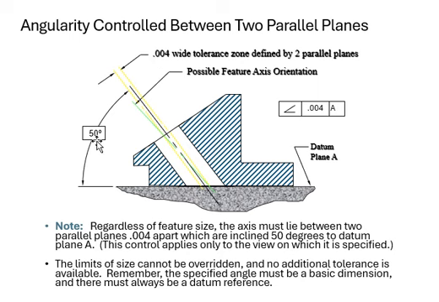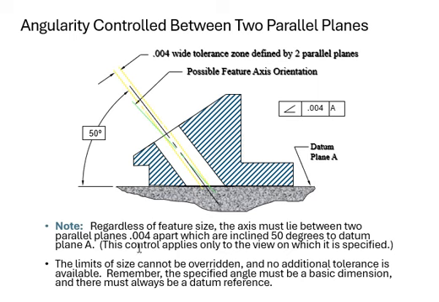We are showing that with a leader line, and this is your control frame right there, talking about that angle, showing you this tolerance zone where this angle can vary, and of course measuring and verifying from that datum plane.